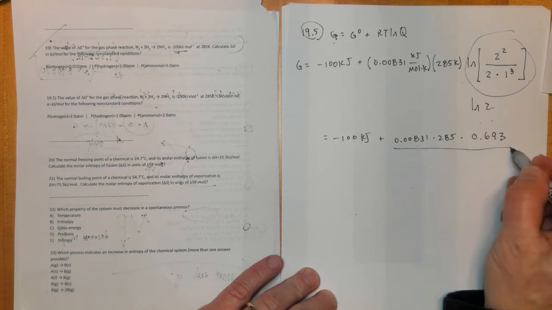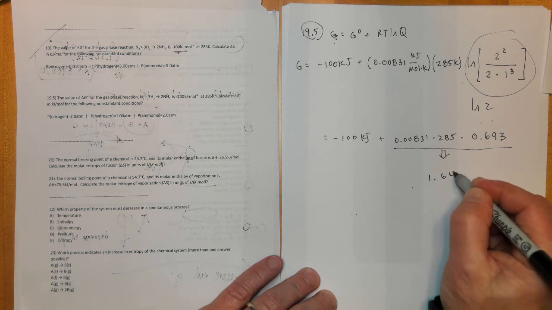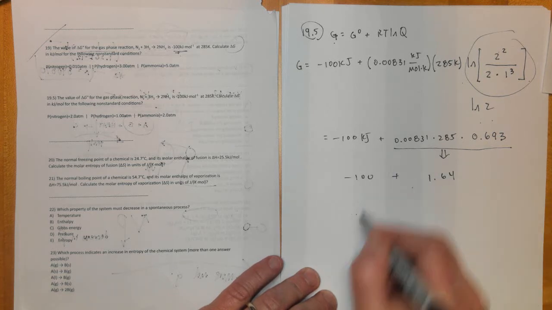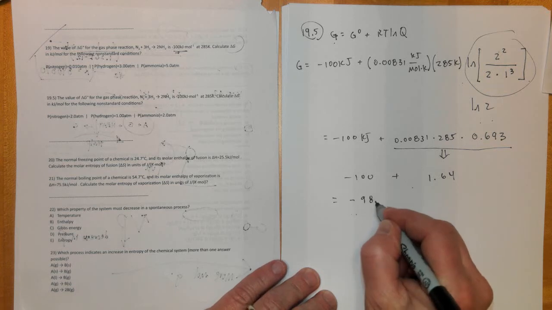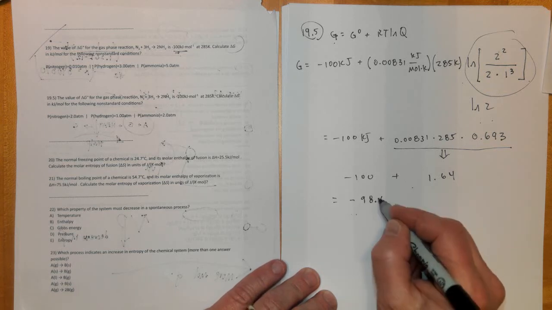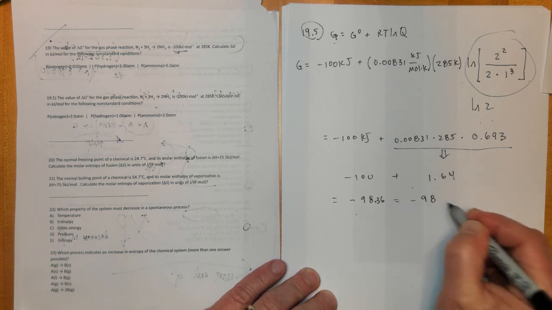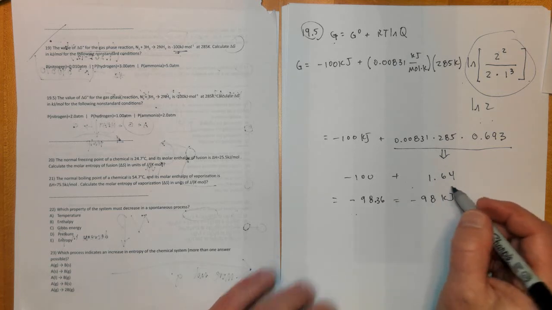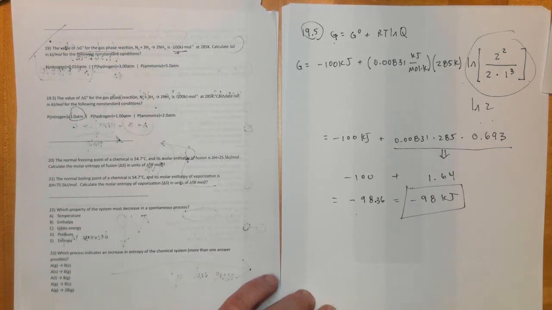When you multiply all those together, you get 1.64 plus negative 100 kilojoules, and so you end up with negative 98.36. That's to 4 sig figs, so negative 98 kilojoules to 2 sig figs. There are only 2 sig figs in that 2 atmospheres. That's 19.5.